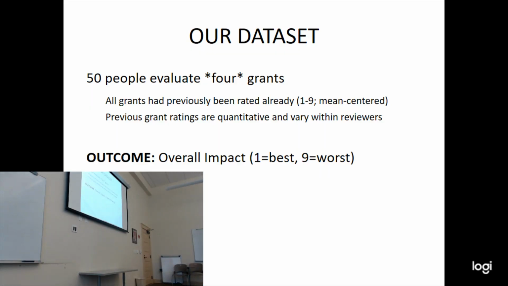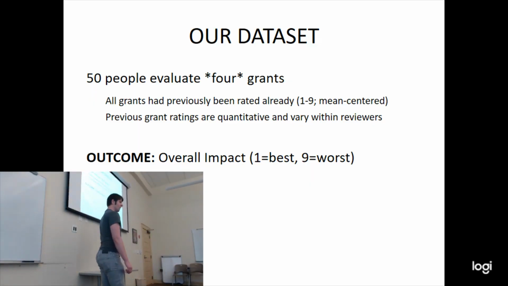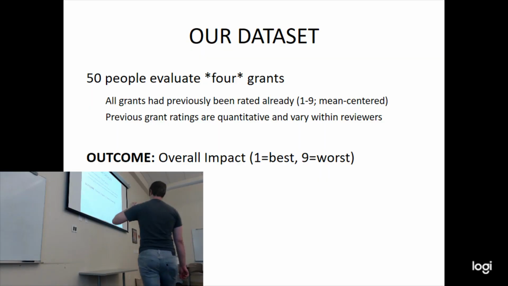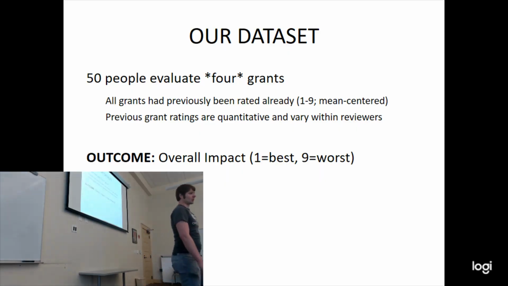But each person evaluates 4 grants. So they get four different grants to submit reviews for. And the grants have already been reviewed. So they have gone through a whole review process. They have received scores. And we have for each grant the score on that same 1 to 9 scale that the new reviewers are using.